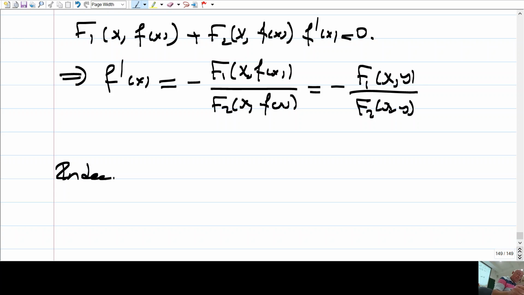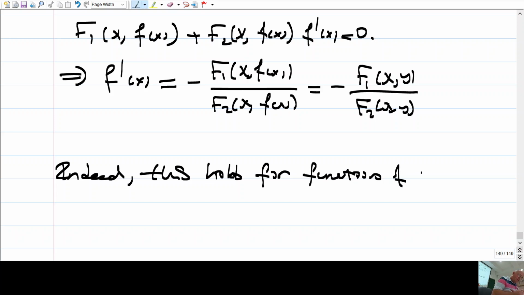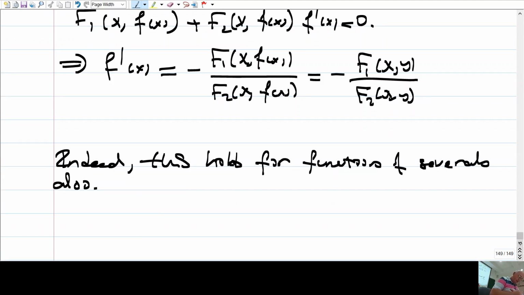Indeed, this holds for functions of several variables also. Nasıl? Şöyle.